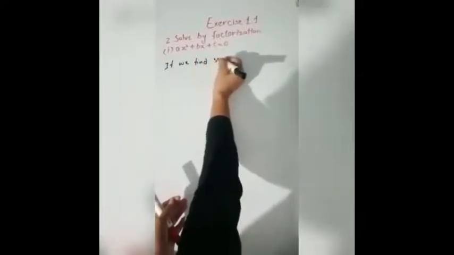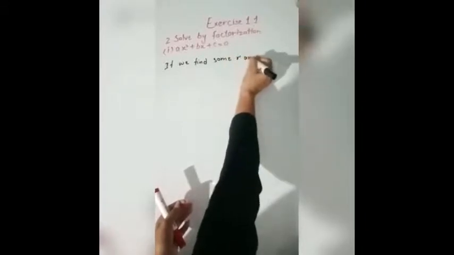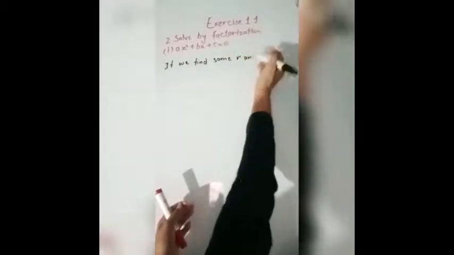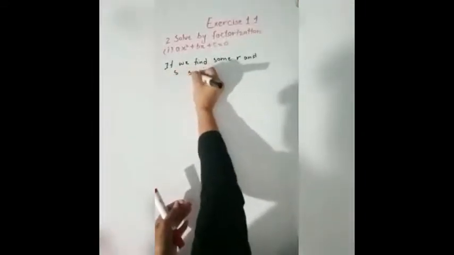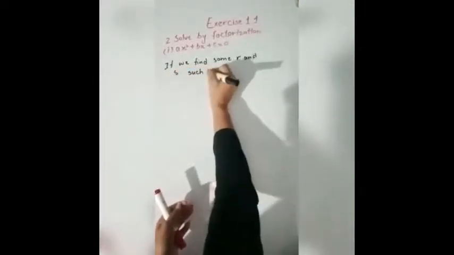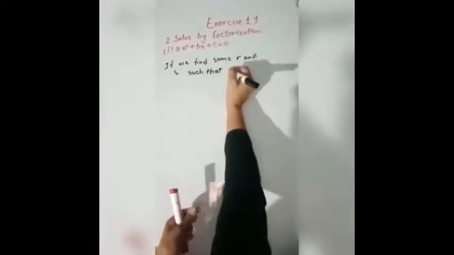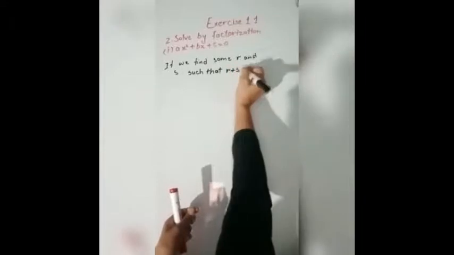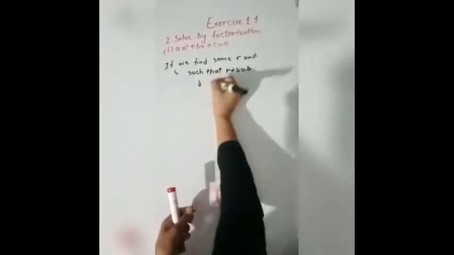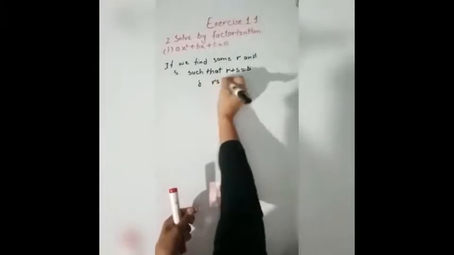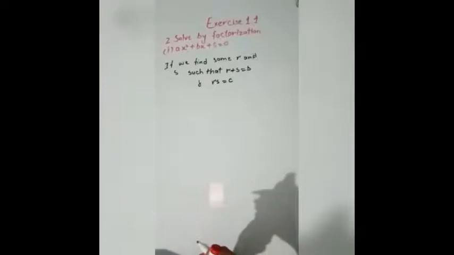Factorization is what if we find some R and S such that R plus S is equal to B and RS is equal to C. Then R and S are called what?